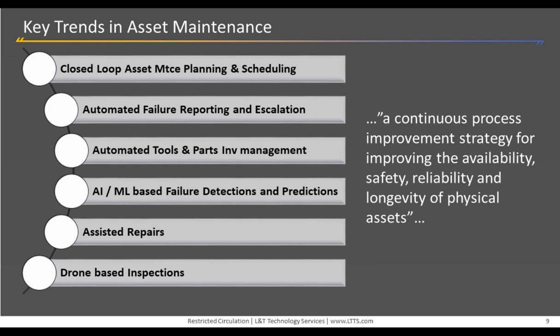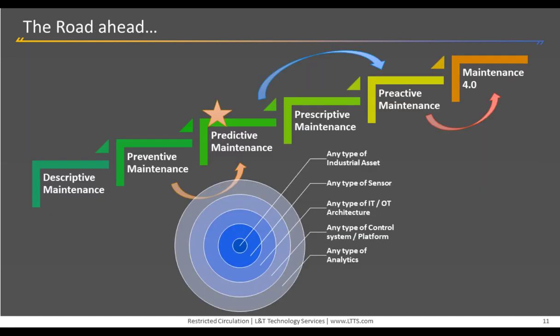But within the factory battery limit or the campus of your own, you can definitely utilize drone-based inspections. All in all, the overall industry is moving towards making sure that there is a strategy in place for asset maintenance which can take care of the availability, safety, and reliability aspects of it. That's how we have seen the key trends impacting us.